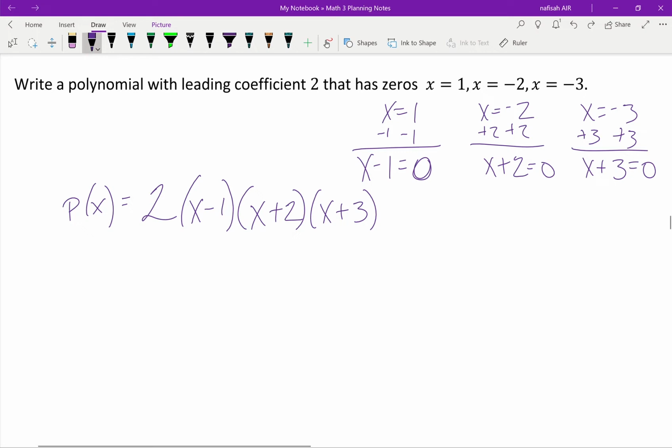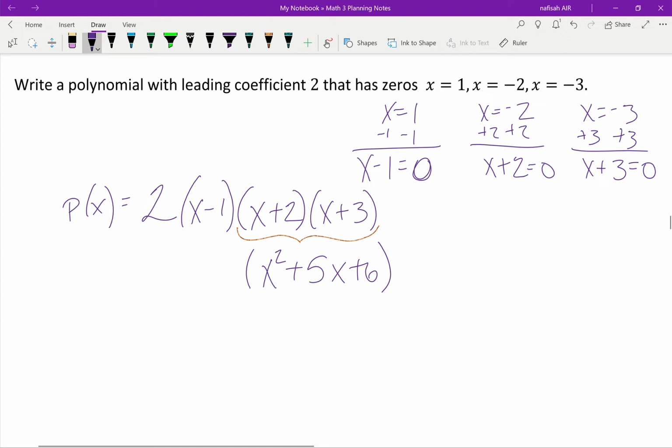I choose to multiply the last two factors together. So when I multiply x plus 2 and x plus 3, these will turn into x squared plus 5x plus 6. I use FOIL, I use box, whatever you do to multiply polynomials.